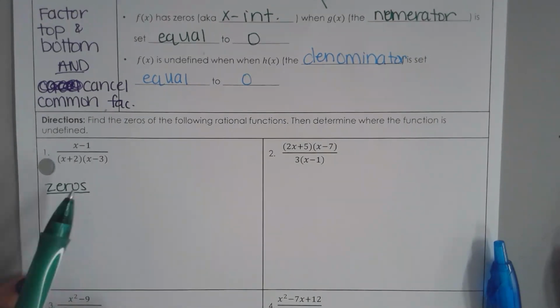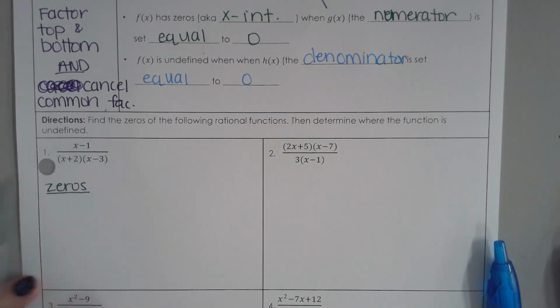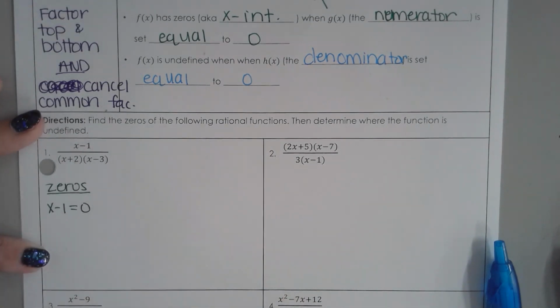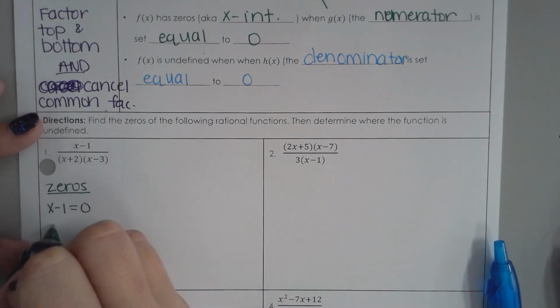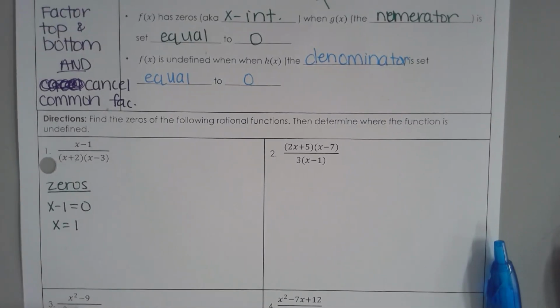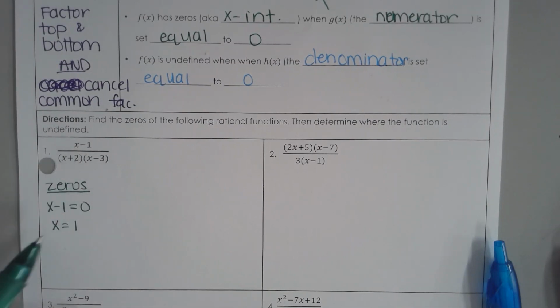So to find my zeros, I set everything in the numerator, in this case there's only one thing, x minus 1, equal to 0. So x equals positive 1. So this one only has one x-intercept, at 1.